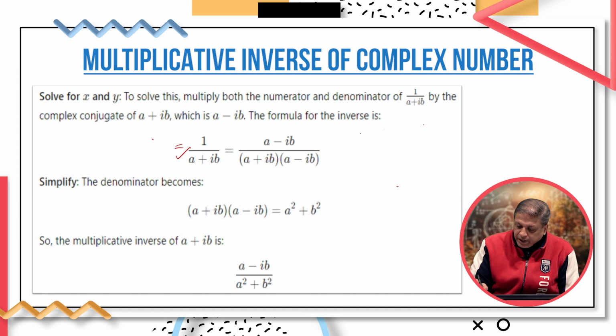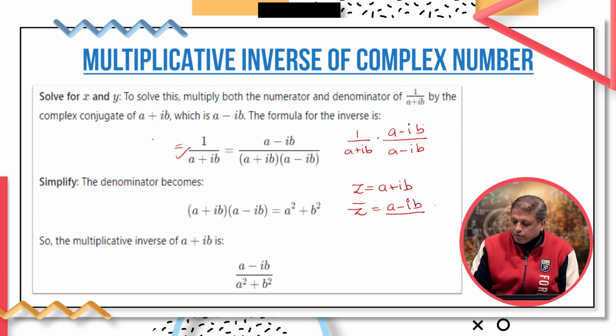So multiplying 1 over a plus ib with a minus ib, which is the conjugate of a plus ib. Conjugate is, say we have a complex number z is equal to a plus ib, then its conjugate z bar will be equal to a minus ib.